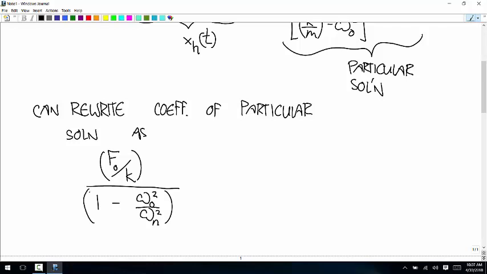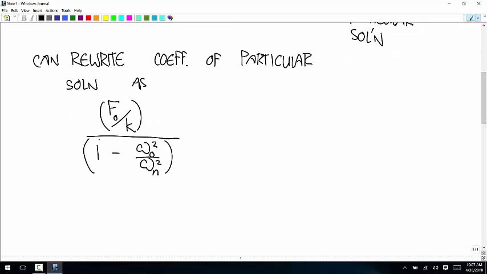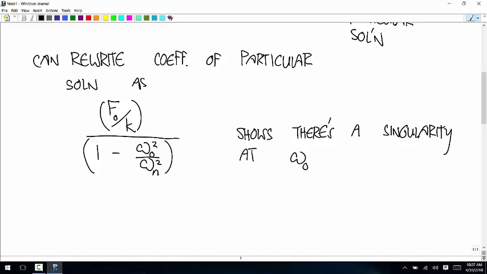And if you rewrite it like this, it shows that there's a singularity when omega sub 0 is equal to omega sub n.